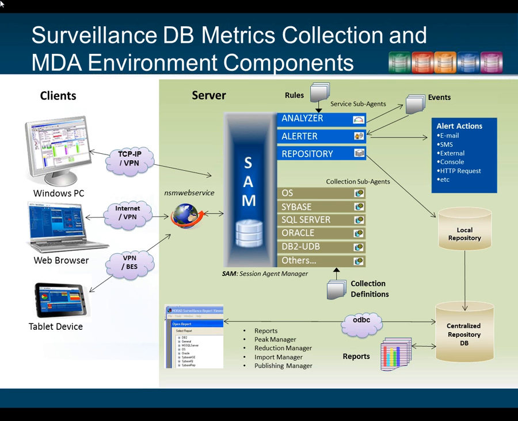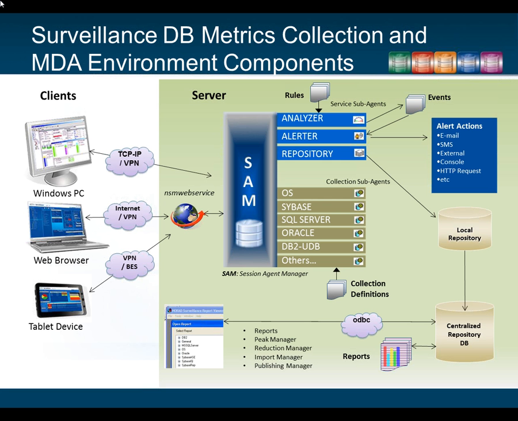And the metrics are temporarily written to a TempDB segment. They're stored in a local data store and then forwarded to a central repository database. The entire collection and store process is controlled by the Session Agent Manager, or SAM, as you see in the middle of the diagram.